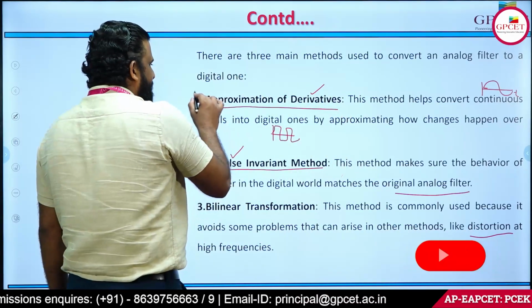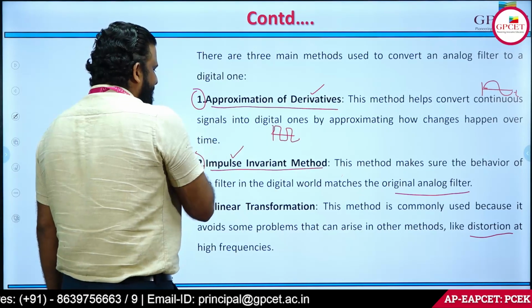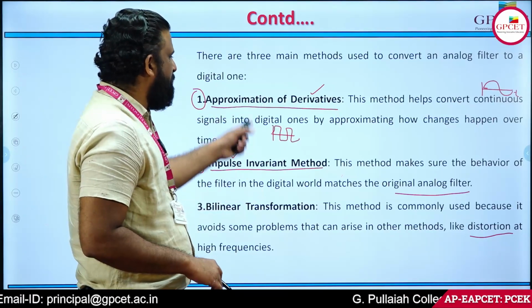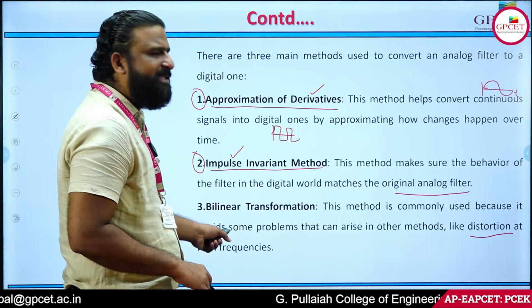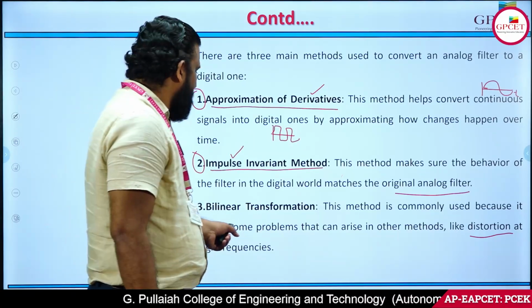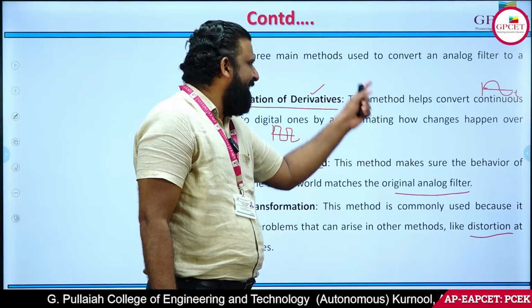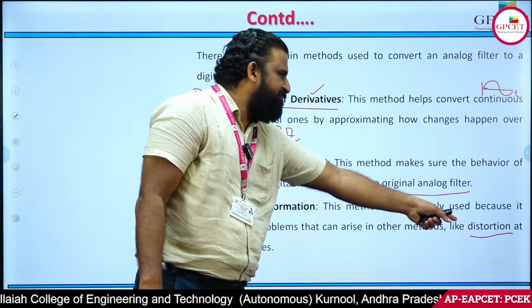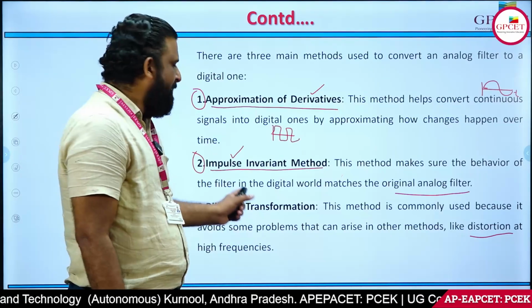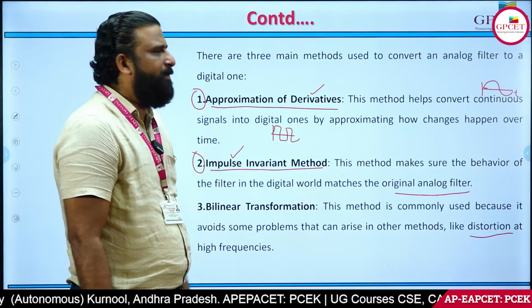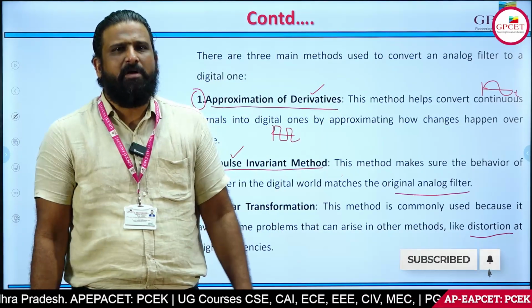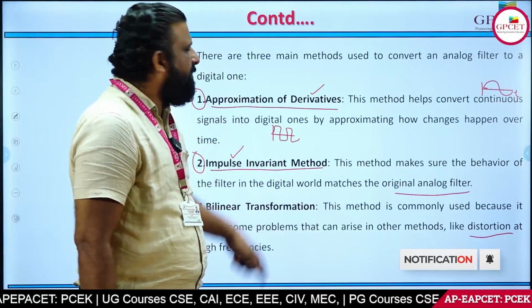Whatever drawbacks are present in the approximation method and the impulse invariance method are overcome by the bilinear transformation method, like distortions at high frequencies. So whatever it may be, the three methods are used to convert an analog filter into a digital filter according to their operation.